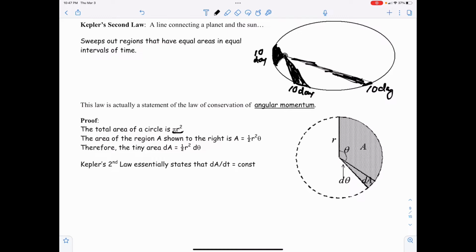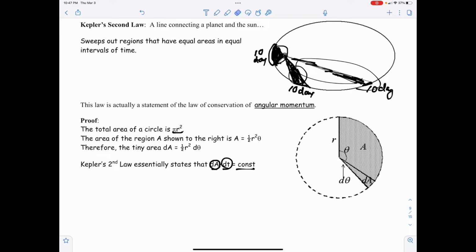Therefore, any tiny area would just be 1/2 r squared, and instead of theta, it would be d theta. And Kepler's second law essentially states that the changing area with respect to time is constant. Think about that. Equal times sweep out equal areas.